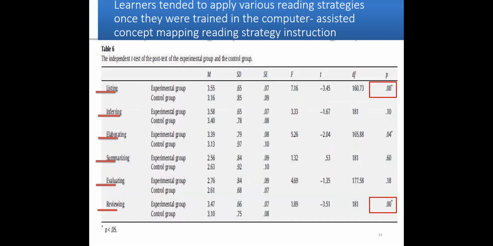To summarize, the concept mapping reading strategies were more effective than the traditional reading strategies to improve the reading comprehension of the poor readers. Okay, but for the good readers, we need to consider more because the significant differences between the control and experimental groups were not always found.